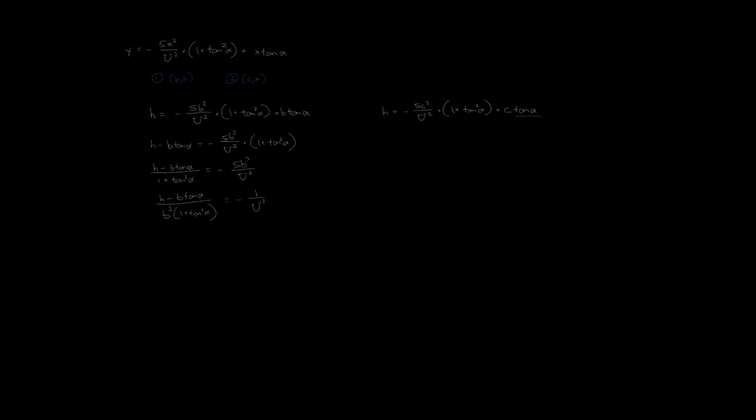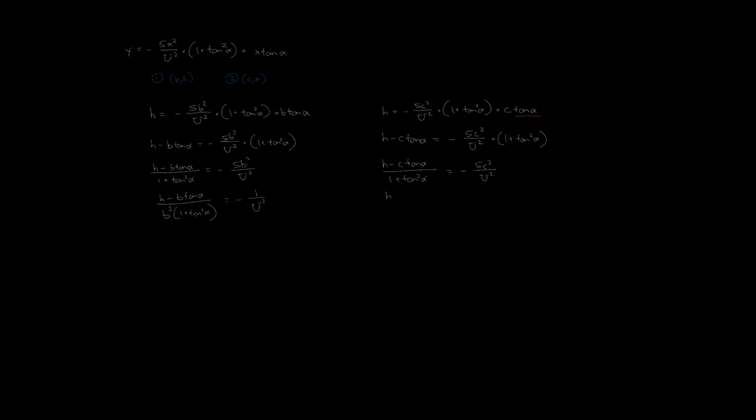So let's do the same thing for the other part. Likewise, we're going to have h minus c tan alpha is equal to negative 5c squared over u squared times 1 plus tan squared alpha. Then we divide both sides by c squared.